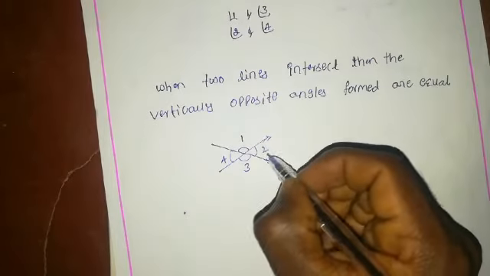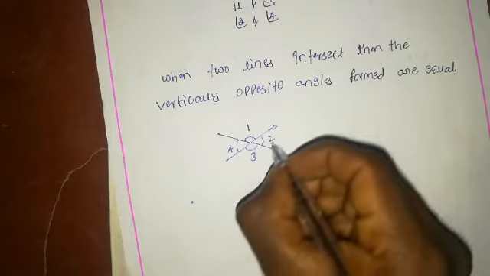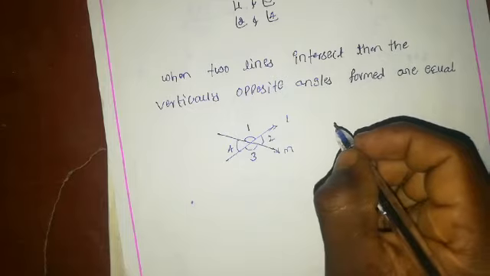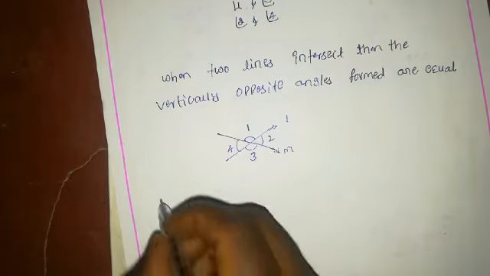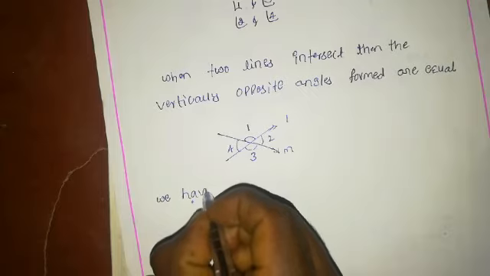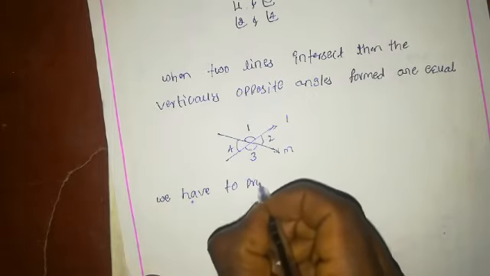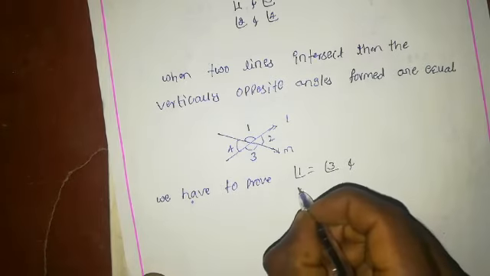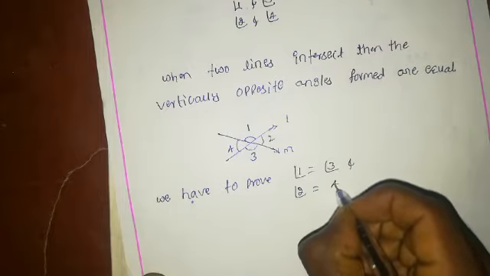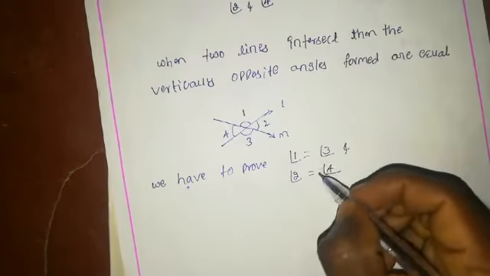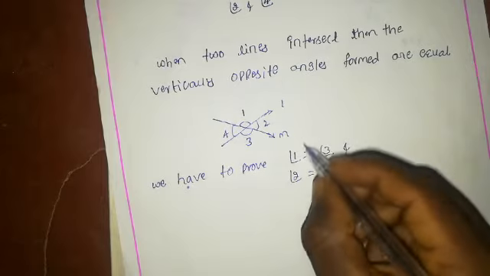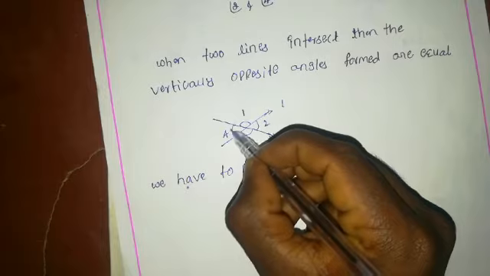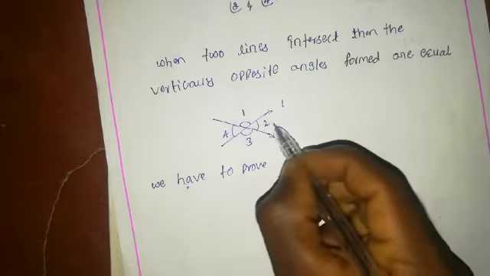Let us prove this by using a geometrical idea. Now we have to consider two lines, line L and line M. They intersect each other, and we have to prove that angle 1 is equal to angle 3 and angle 2 is equal to angle 4, which means the vertically opposite angles are equal.